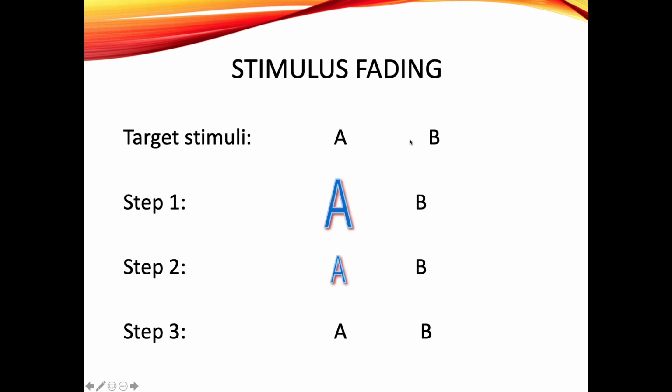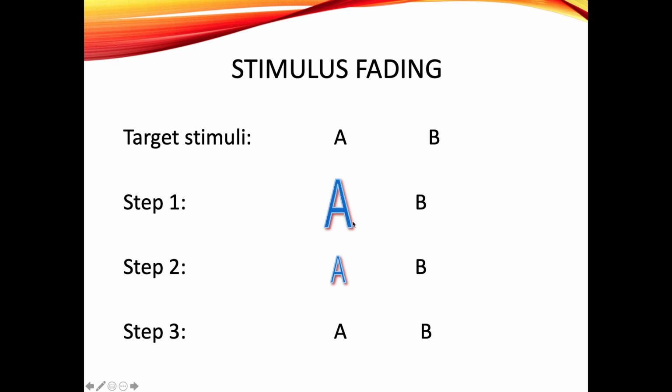So we start there, and we're alternating the position of A and B on each trial. So we're presenting these trials, and we learn through our baseline that the individual cannot select A in this arrangement. We're saying select A. Sometimes they hit A, sometimes they miss and hit B. So therefore, we need to prompt the correct response or do something to the stimuli to occasion the correct response.